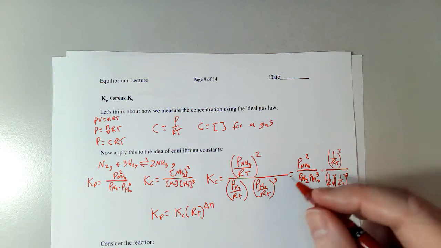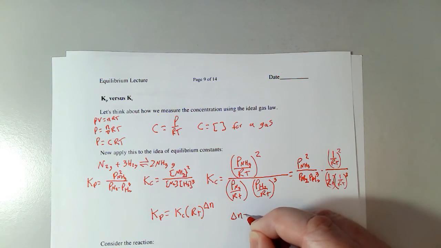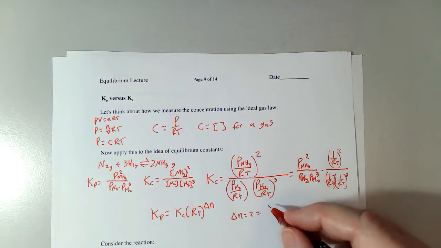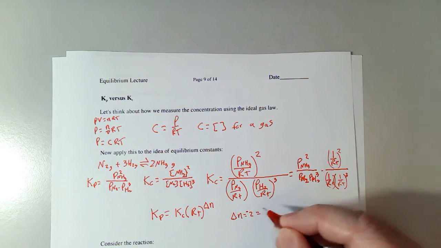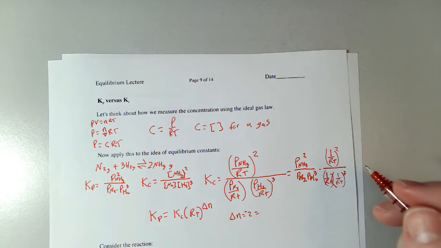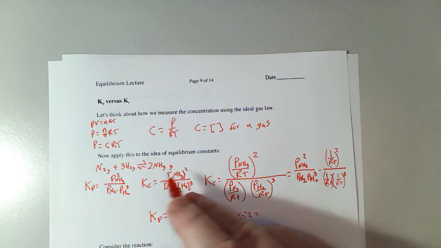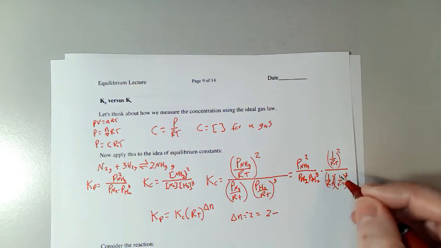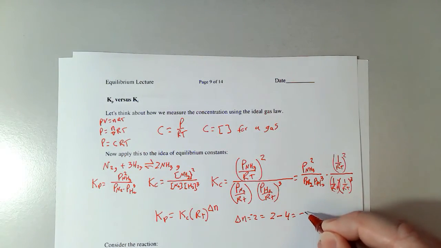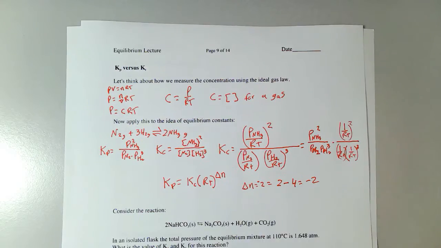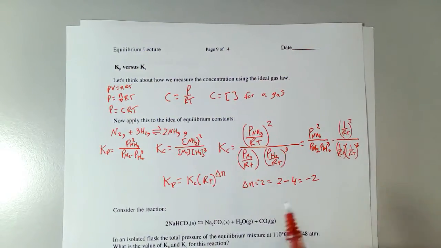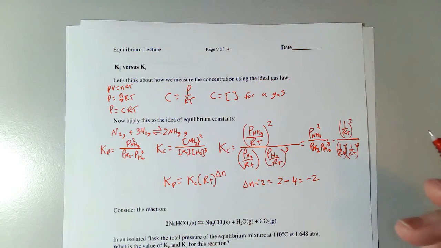Okay, and in this case, the delta n equals negative 2. Sorry about that. Because I have up here 2 moles of product minus 4 moles of reactant, which is negative 2, but only for ones which are in the gas phase. I would ignore solutions or anything else like that.